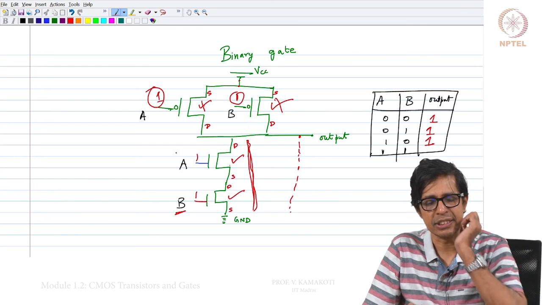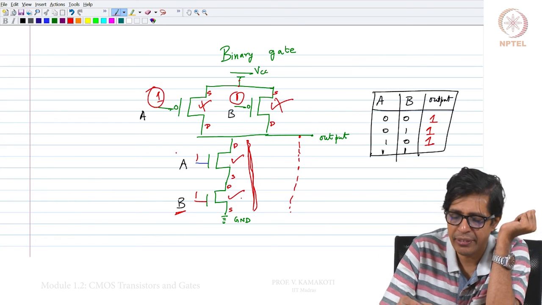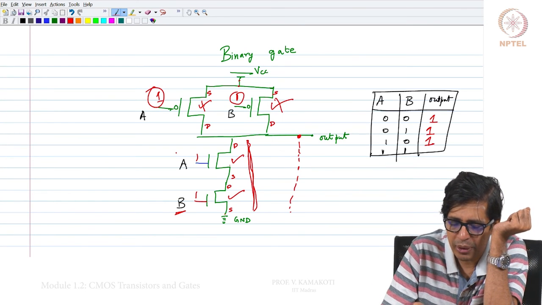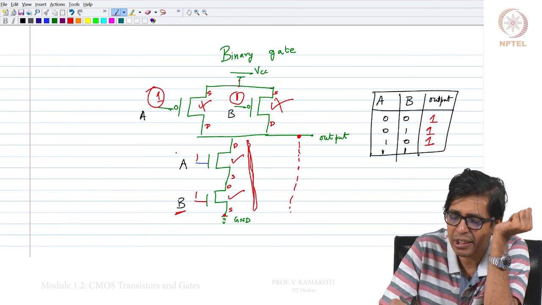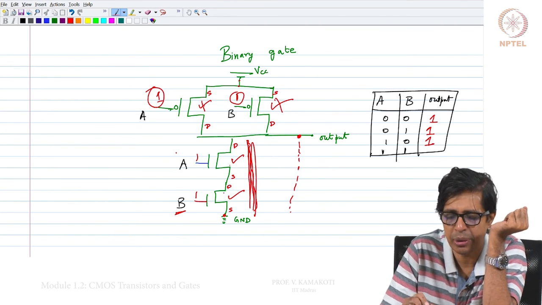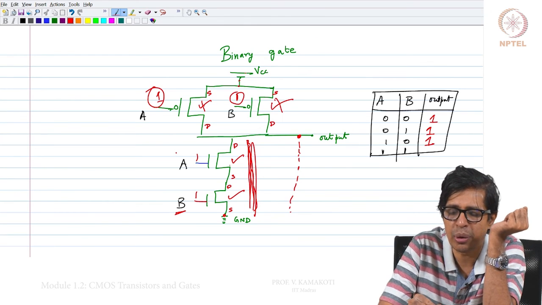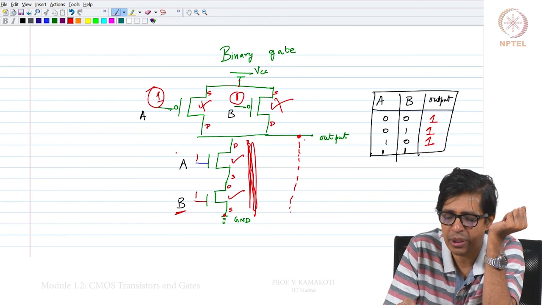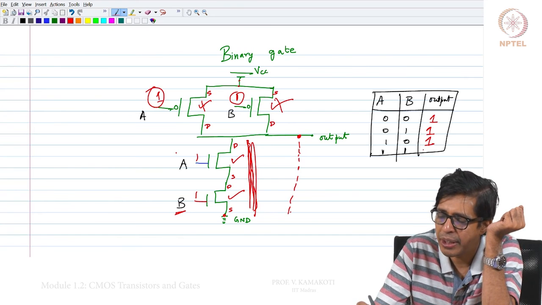So, the output is connected to ground, because this entire part that I am shading here is going to be a short, while there is no connection between VCC and output. So, when I measure this, it gives me a 0.